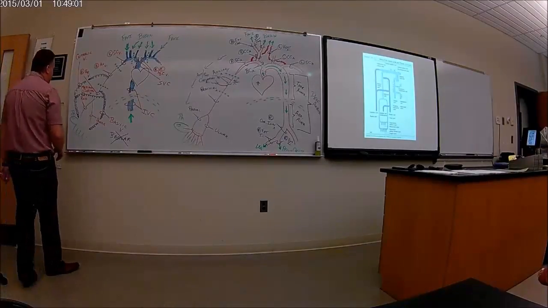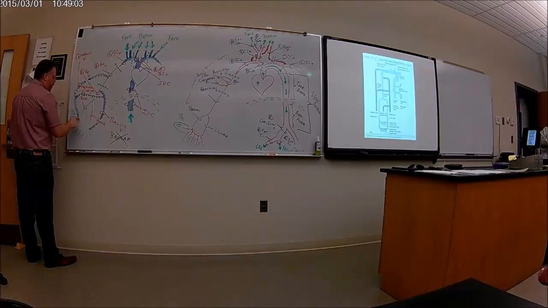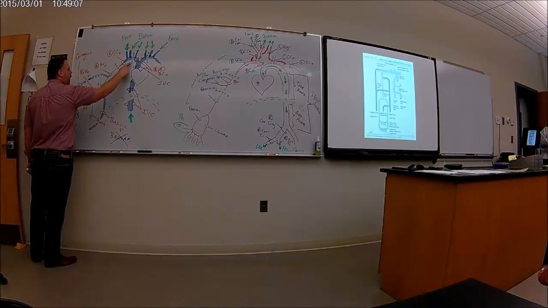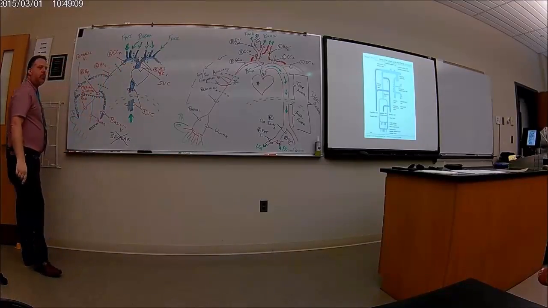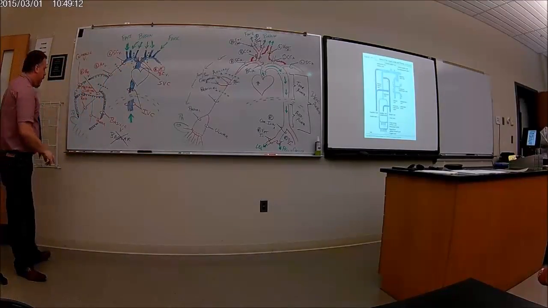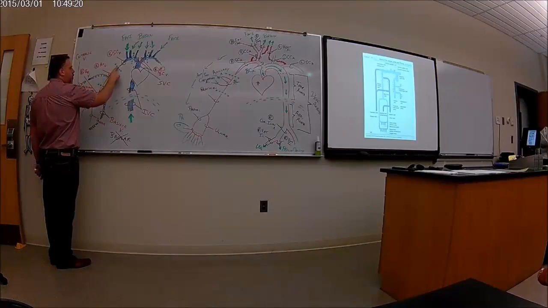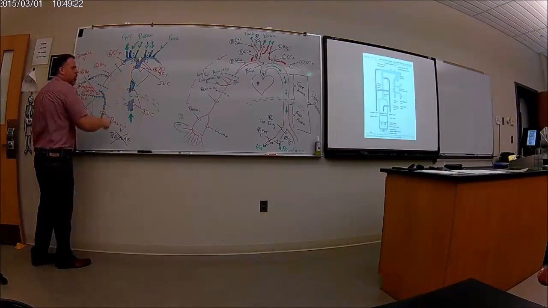Here's another way. First way, like I said, you can take the cephalic to the axillary to the subclavian vein to the brachiocephalic to the superior vena cava. Or you can take the radial vein to the brachial vein to the axillary vein to the subclavian to the brachiocephalic to the superior vena cava.